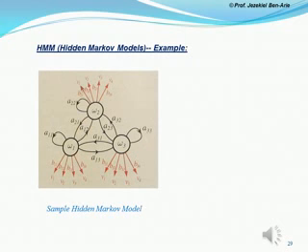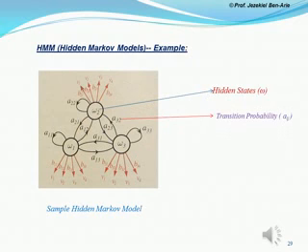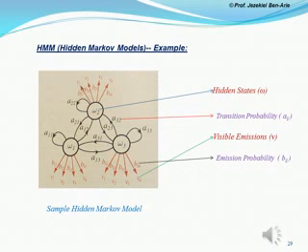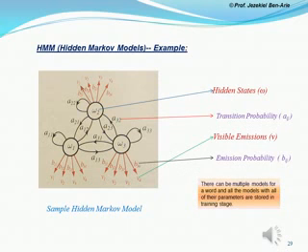Hidden states, transition probabilities from one state to another, visible emissions and emission probabilities are shown with arrows in the diagram. There can be multiple models for a word, and all the models with all their parameters are stored in a training stage.